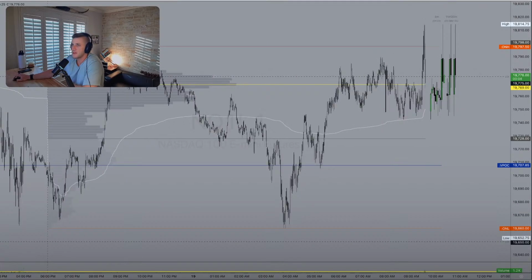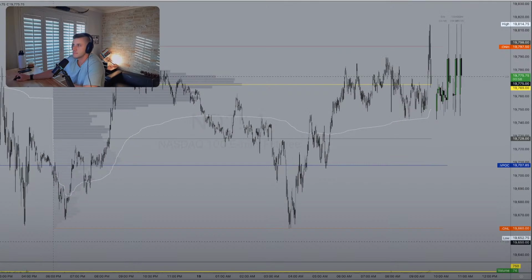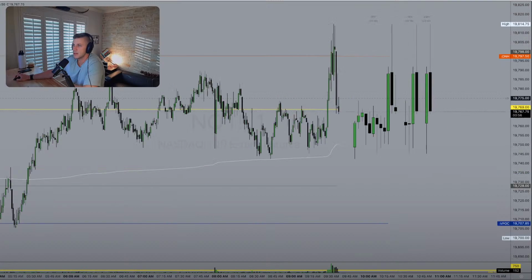Got that big high volume node and session volume point of control right here at 770 as well. And then you got VWAP just beneath this area, 750.